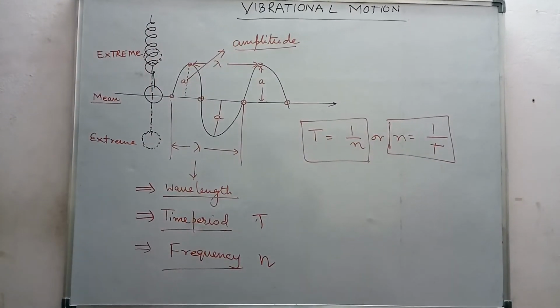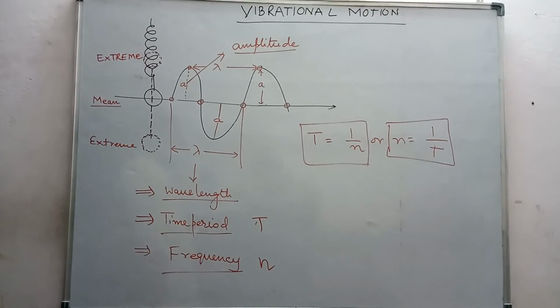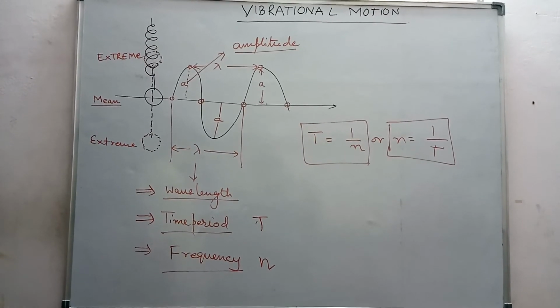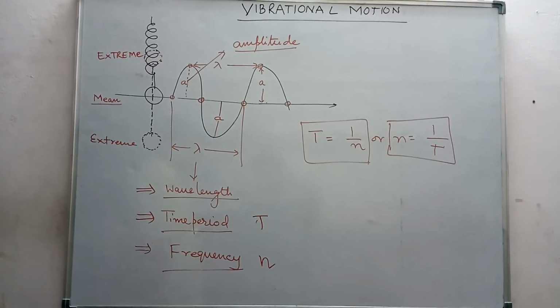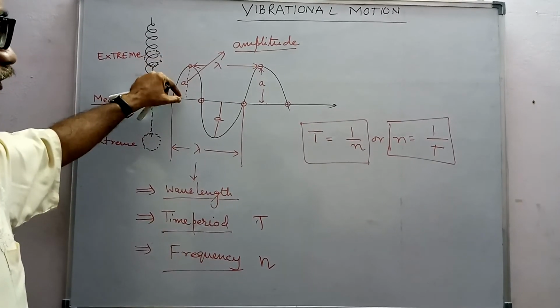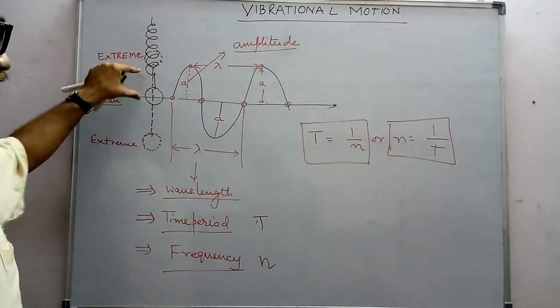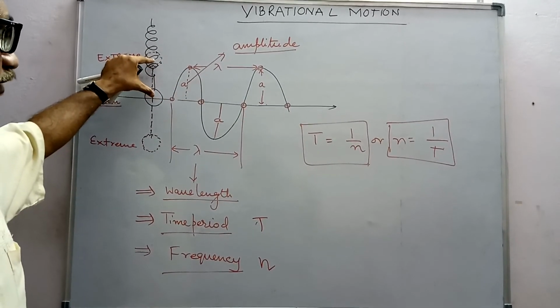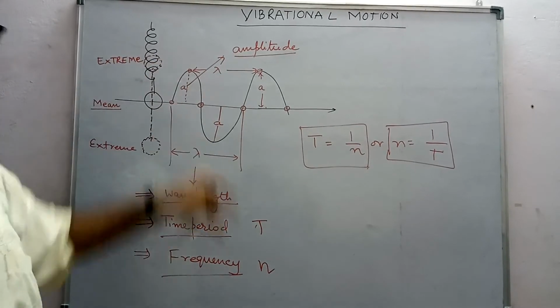Okay, so this is about the wave. Similarly, the amplitude is defined as the maximum displacement of the wave or the object from its mean position.